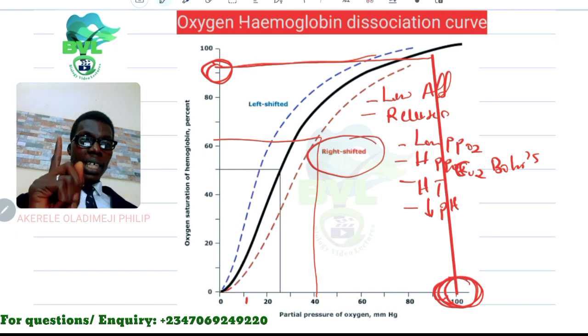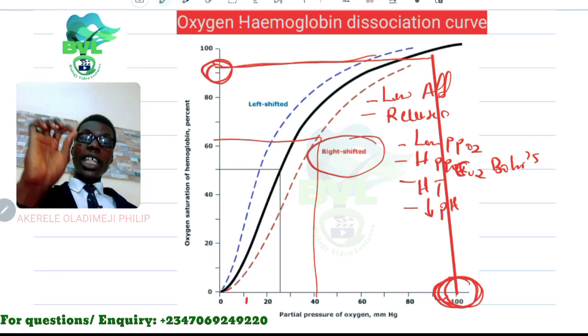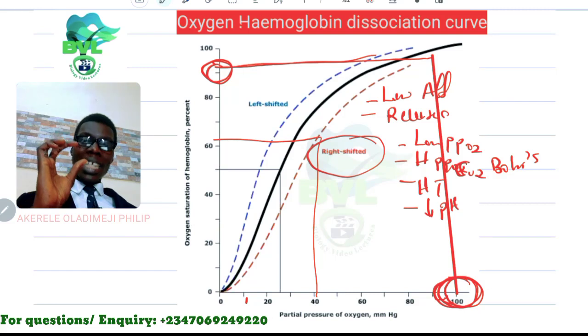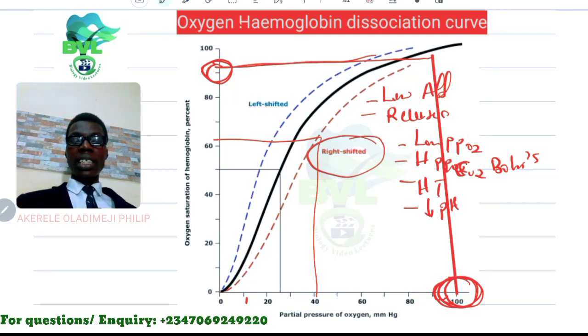Let me take that again. When the partial pressure of oxygen is 100 millimeter mercury, your hemoglobin will be 95% saturated. That's what that means. Basically, it's more like a law, so to say, under normal circumstances.